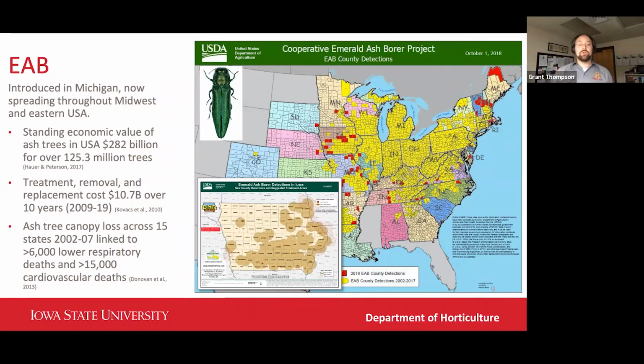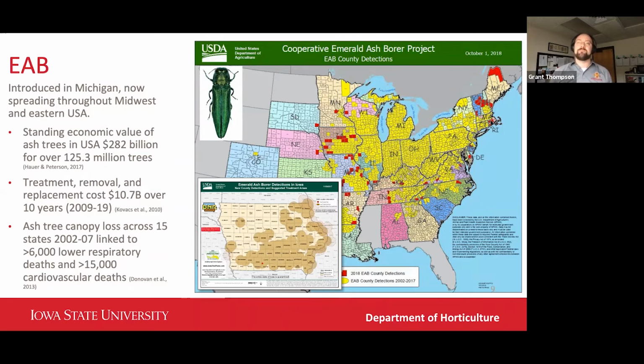And then, of course, when we lose those trees, we lose not just the standing value, but their functional benefits in the landscape. Whether that's canopy tree filtering, urban heat island mitigation, and so on. These can have real human health impacts. One study looking at about 15 states over a 5-year period attributed over 6,000 lower respiratory deaths and 15,000 cardiovascular deaths to tree loss related to emerald ash borer.